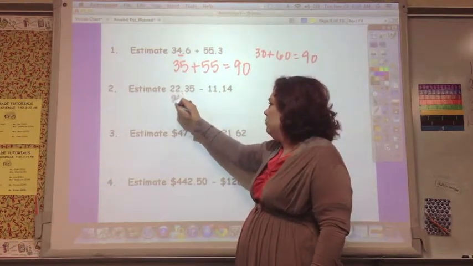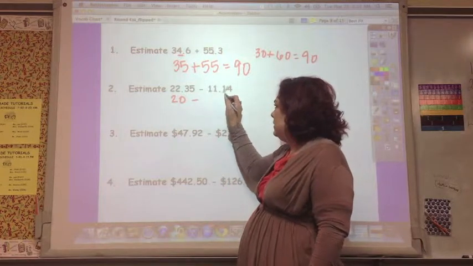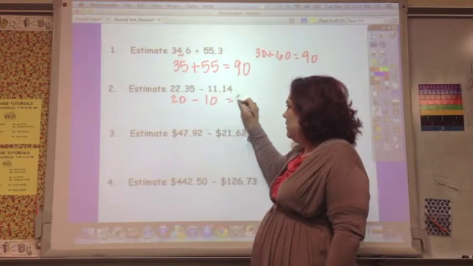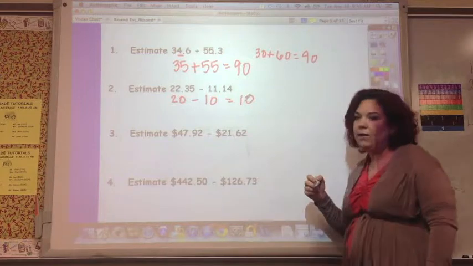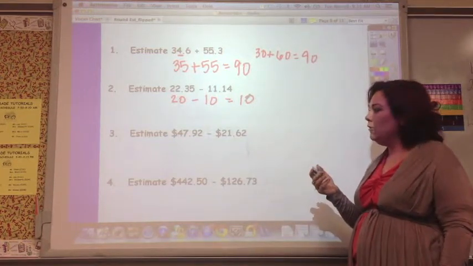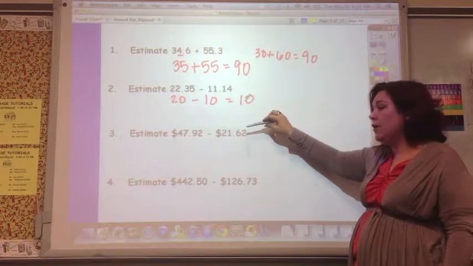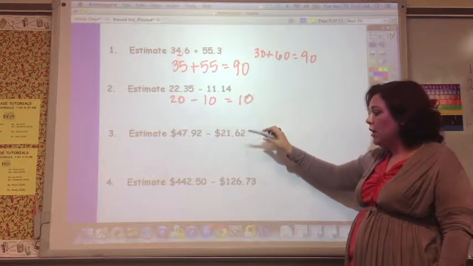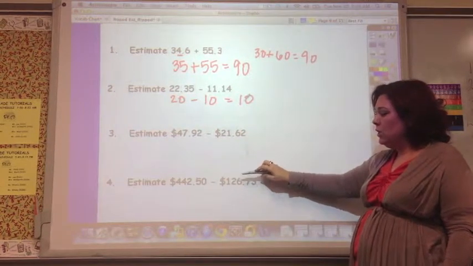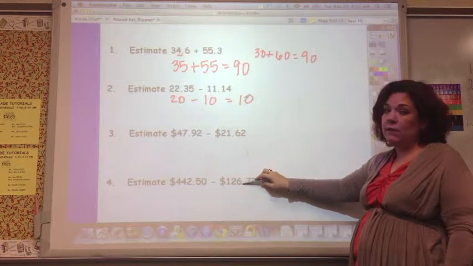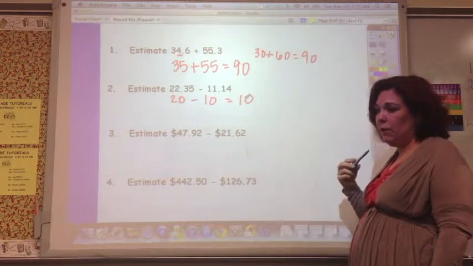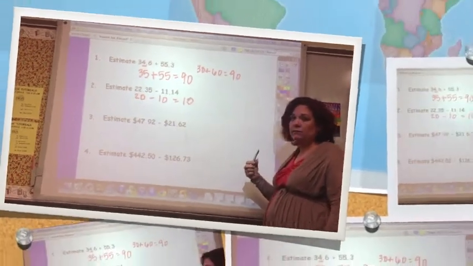And so this would be 20 minus, this would round to 10. So that equals 10. So this is a great way to mentally do your math. So go ahead and you can round these to the nearest dollar or to the nearest $10, and round this to the nearest $10 or the nearest $100, and you'll come up with your answers.